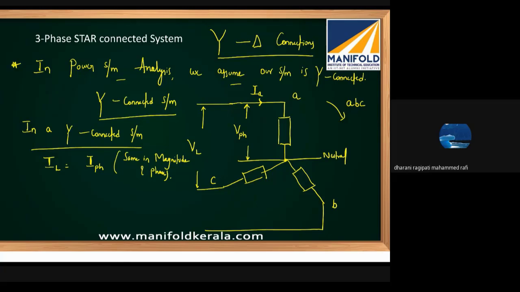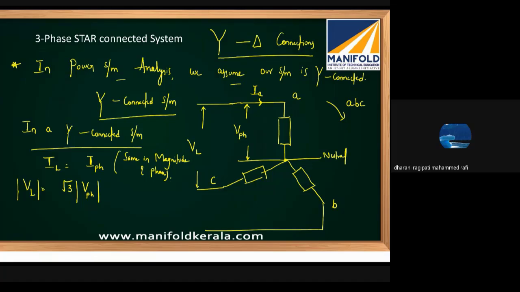Similarly, the magnitude of line to line voltage is root 3 times the phase to neutral voltage in a star connected system.